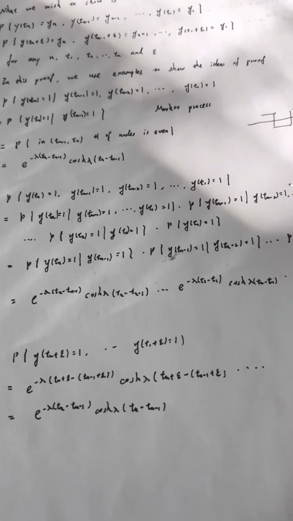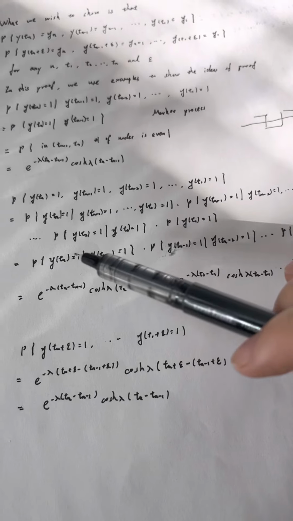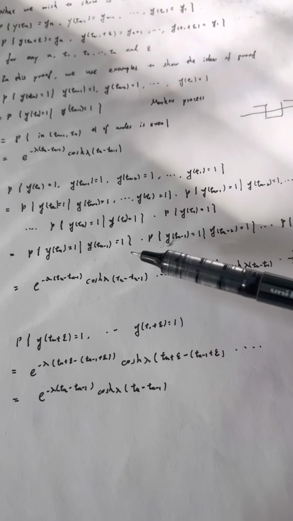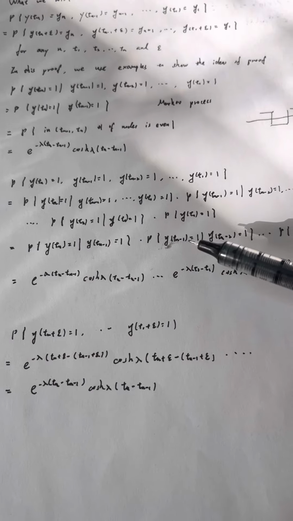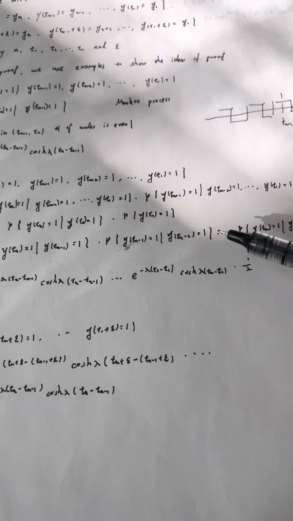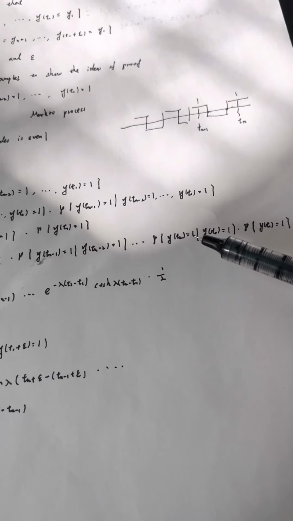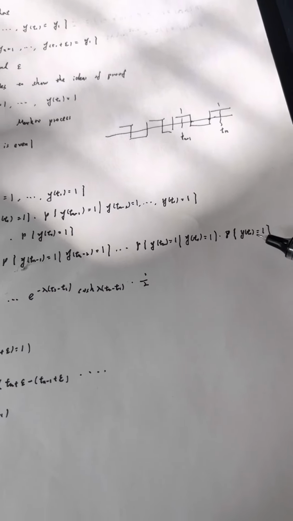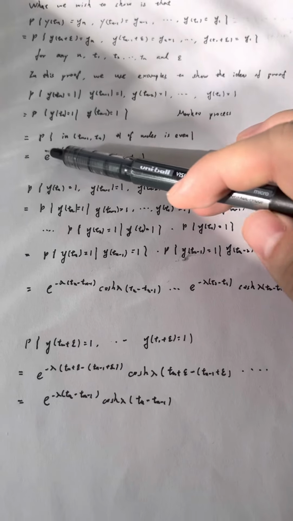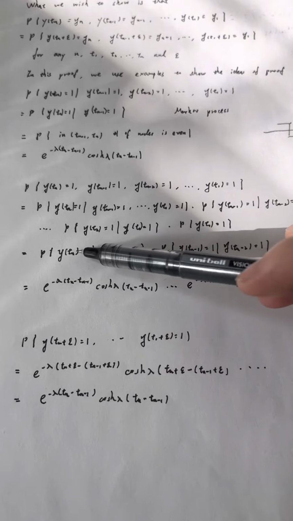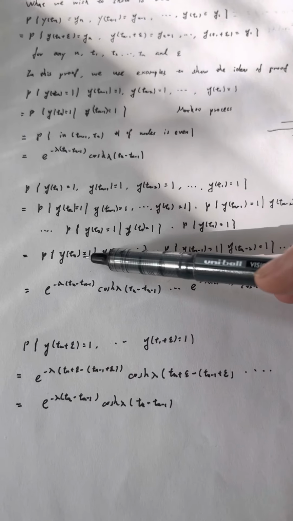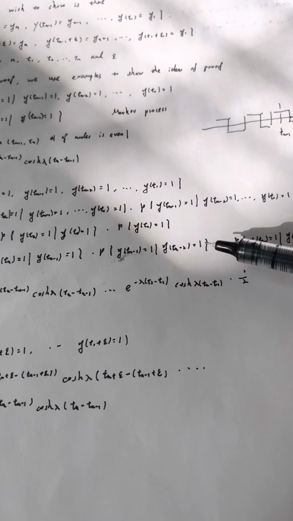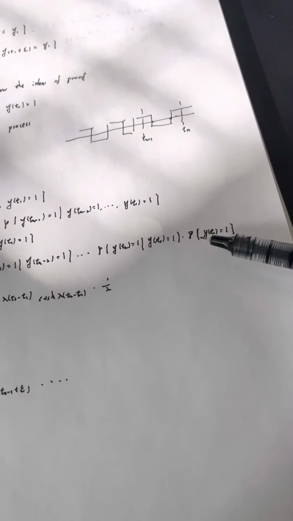And all of this is a Markov process, so it equals the probability of Y(t_n) = 1 given Y(t_{n-1}) = 1, times the probability of Y(t_{n-1}) = 1 given Y(t_{n-2}) = 1, and it goes iteratively to the probability of Y(t_2) = 1 given Y(t_1) = 1, times the probability of Y(t_1) = 1. We substitute into this, and we know each conditional probability is a function of the time difference, such as t_{n-1} minus t_{n-2}.